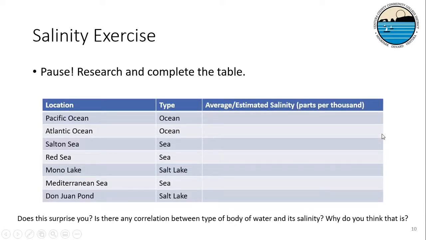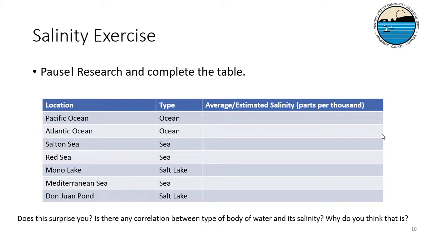So I'm going to hit pause on this in a second. What I want you to do is also hit pause on the video and look up some of these different salinities based on the body of water. So if we look up the salinity of the Pacific Ocean, how does that compare to the salinity of a sea or the Salt Lake?